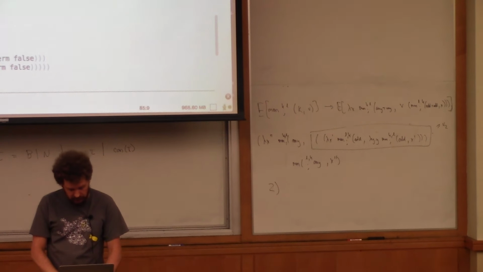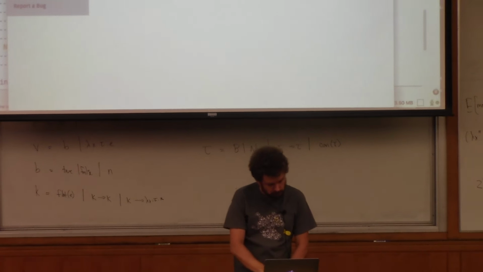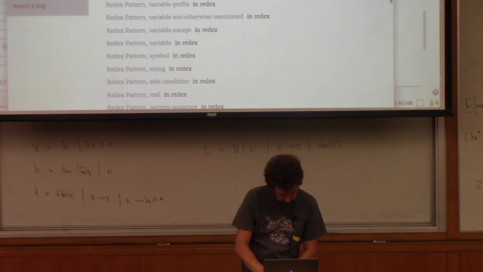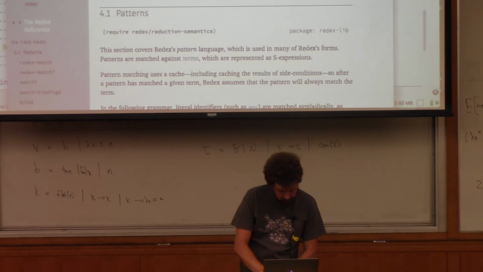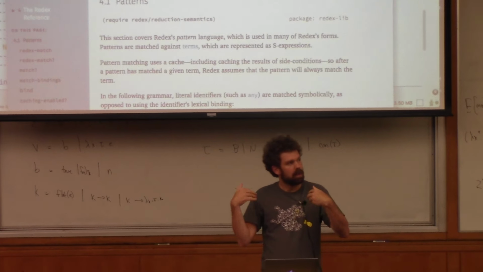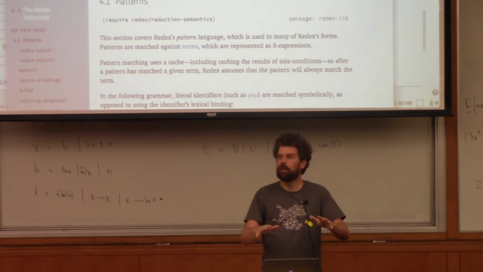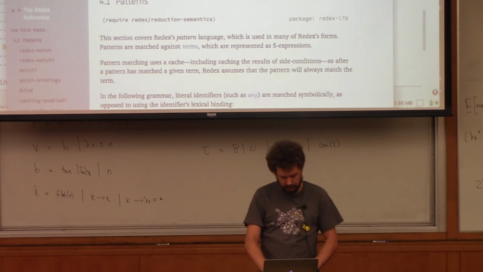So let me just show you how you can do that. All of the examples of the derivations, you can render those to PDF and then just include them in your paper if you want examples.